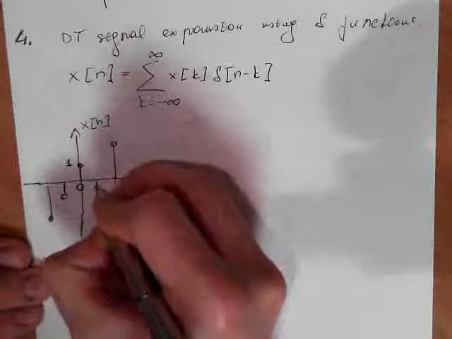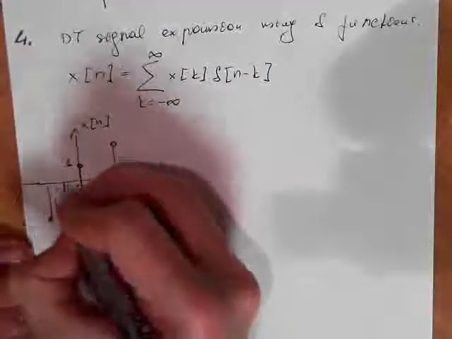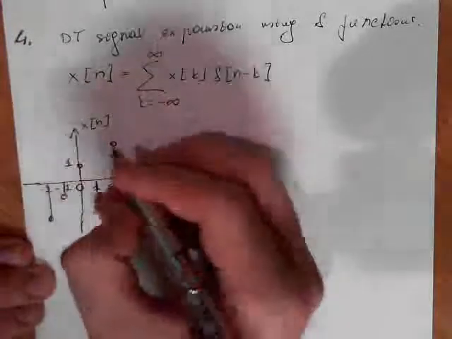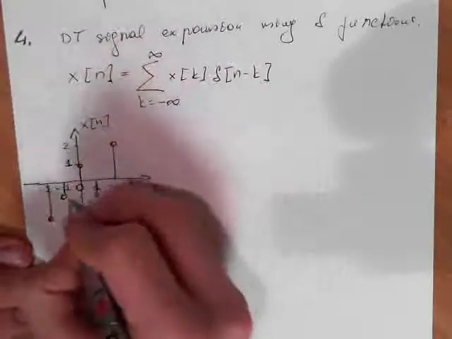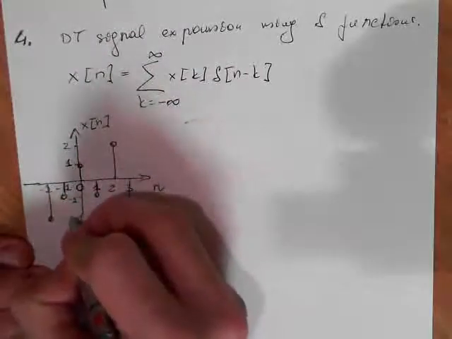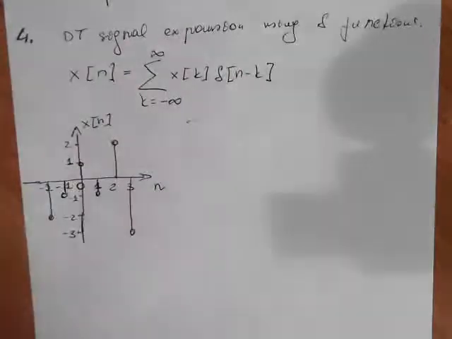Here it is 0, here it is 1, 2, 3, -1, -2. The values are: here it is 1, here it is 2, here it is -1, -2, here it is -3. Now the y values are important.